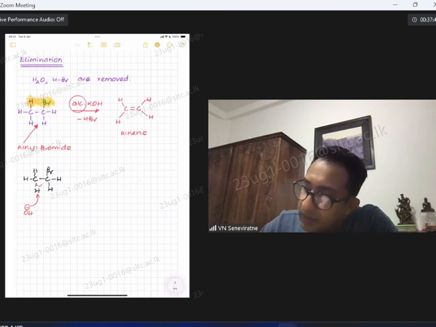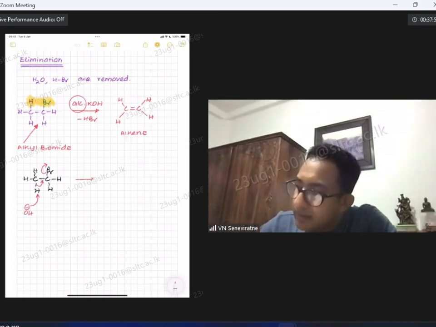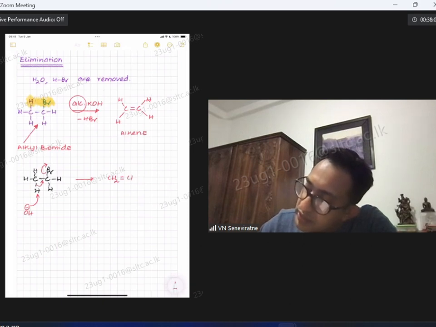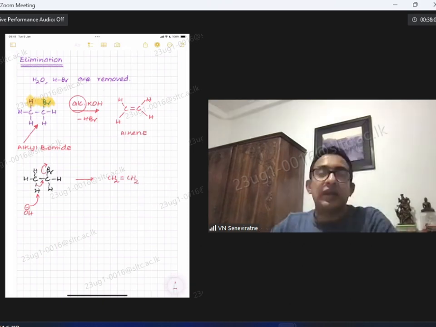The bond will break onto this, forming the double bond. This Br will completely leave. And that will give you CH2 double bond CH2 kind of a molecule.